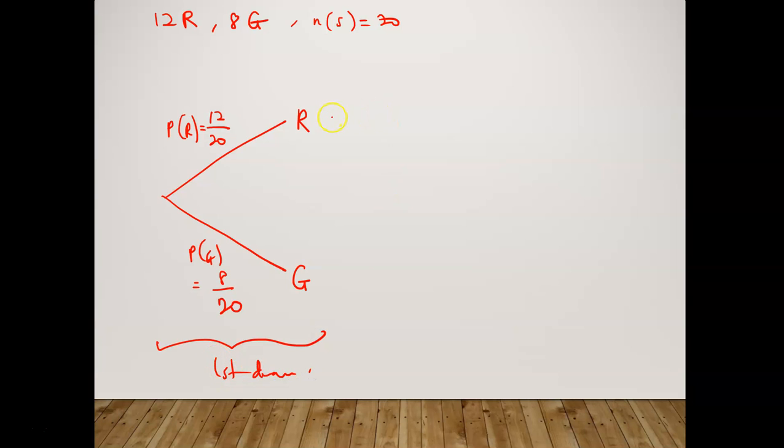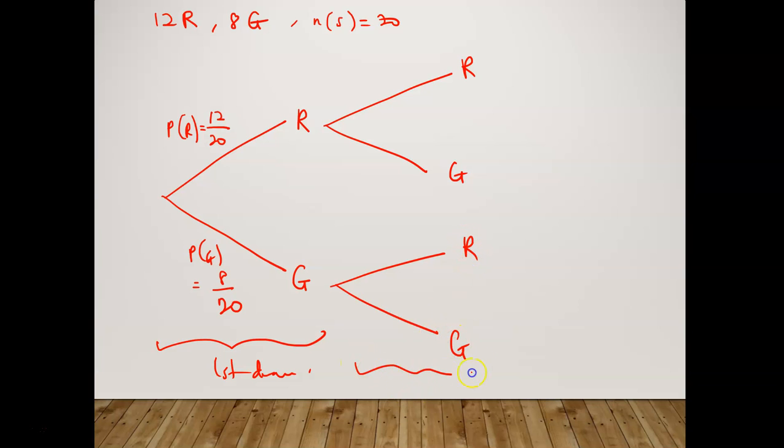Second draw: since the condition is without replacement, the probability will be different. Red and green, this is the second draw. So this is the conditional probability. R1 and G1, and this one is R2 and G2, where 2 means the second draw.